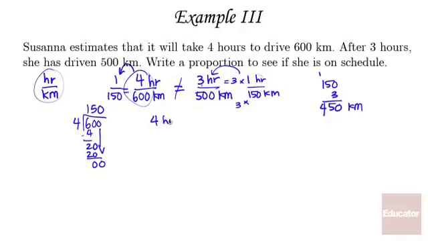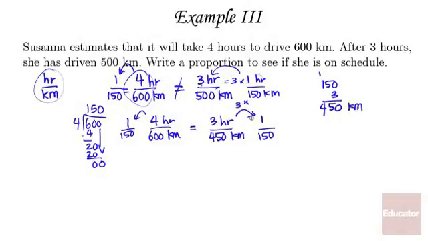So if it's 4 hours for 600 kilometers, then in 3 hours, she should be driving 450 kilometers, because 1 hour is 150 kilometers. So this needs to have the same ratio also, right? 1 hour is 150. This has to equal this too. Okay, so then this one is no. She is early.